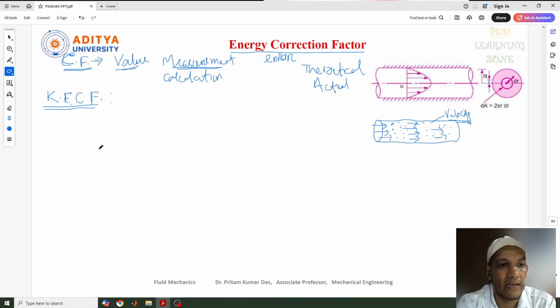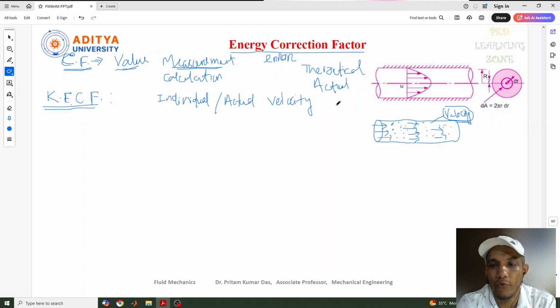Individual velocity and actual velocity are the same, and it gives you values position-wise, the actual velocity of a particle of fluid.